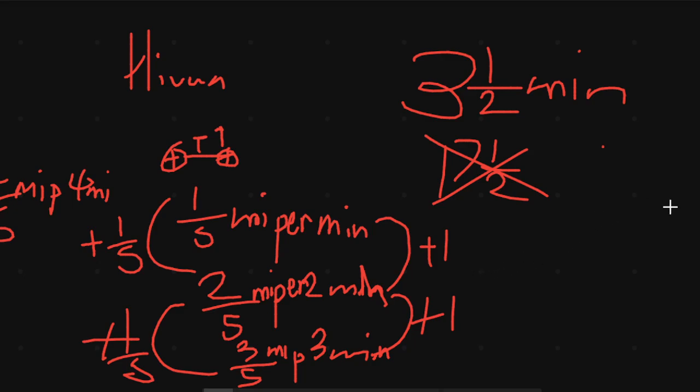So, in order to find how far away Yvonne's school is from his house, we need to find how many miles he would go if it took him 3.5 minutes, because that is what we know.